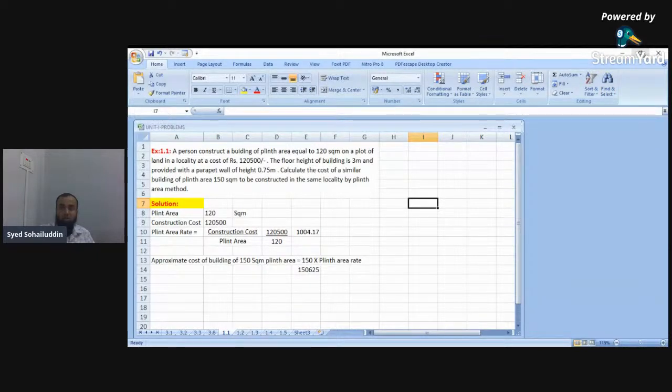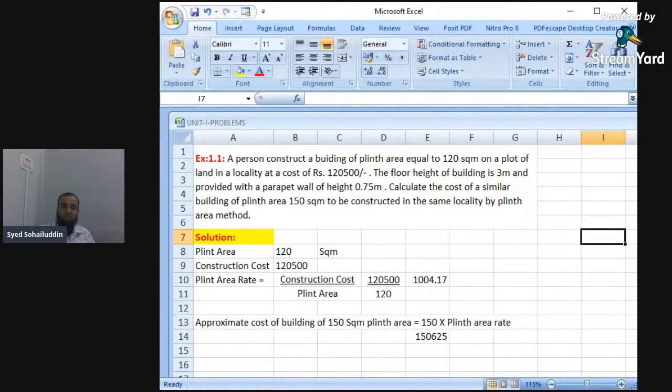Okay. Now it is visible. Excel sheet is visible. Please comment. Now it is visible.